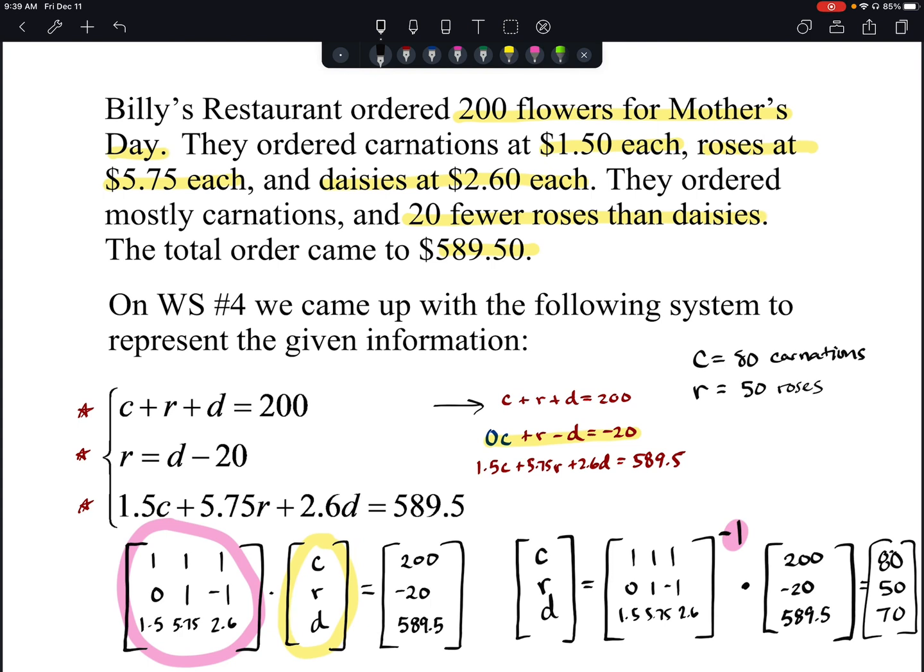And our last letter D was the daisies. And we said there'd be 70 of those. I think I spelled daisies wrong. There we go. All right, so there were 80 carnations, 50 roses, and 70 daisies sold. If you take them and plug them in there, it should work.